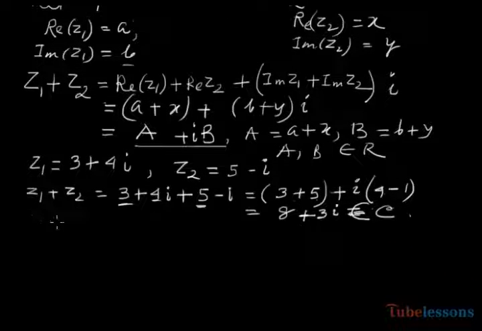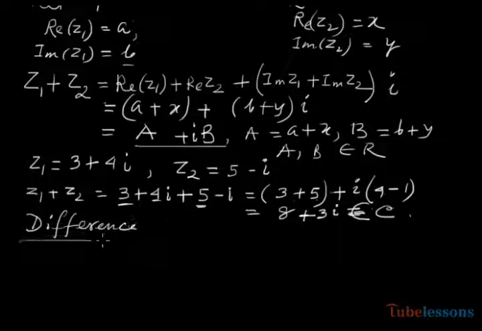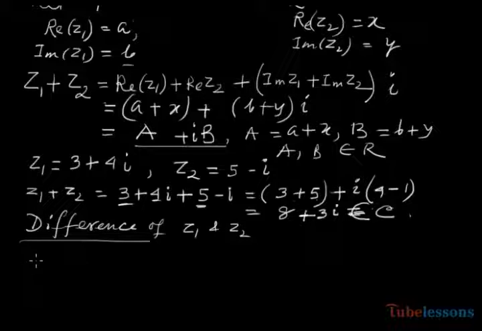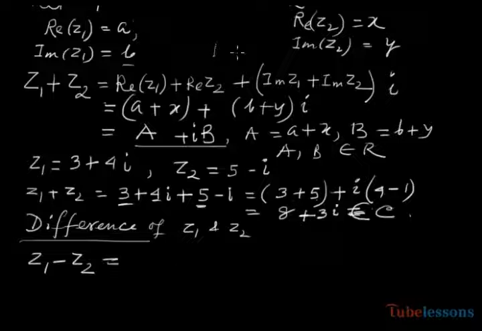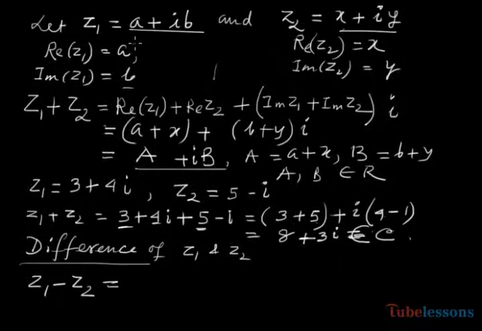Now how to subtract two complex numbers? And we'll get the difference. So if Z1 is a plus ib and Z2 is x plus iy, and real Z1 is a, real Z2 is x, and imaginary Z1 is b, imaginary Z2 is y.